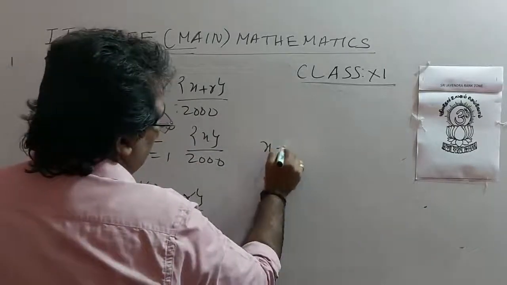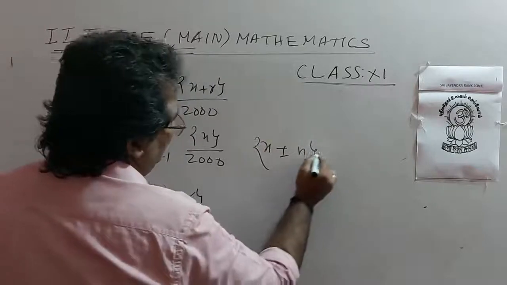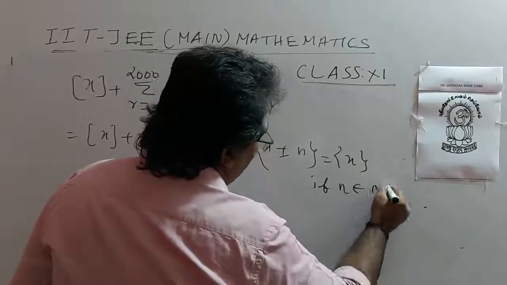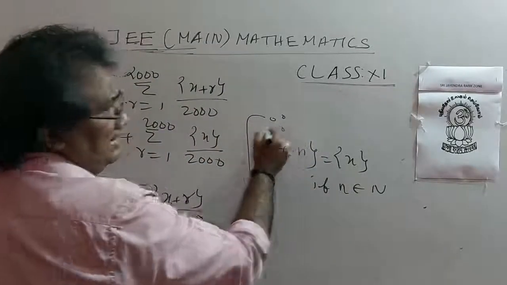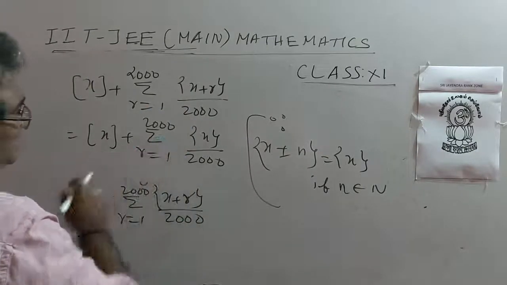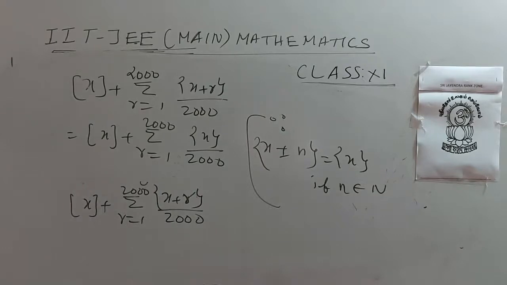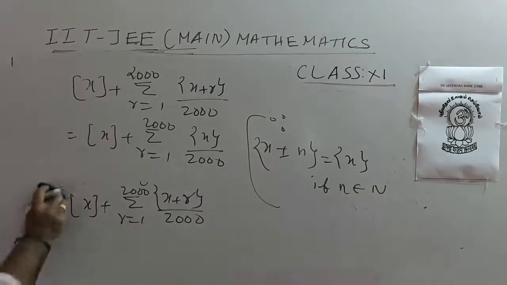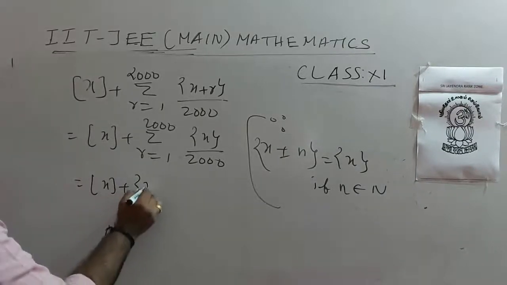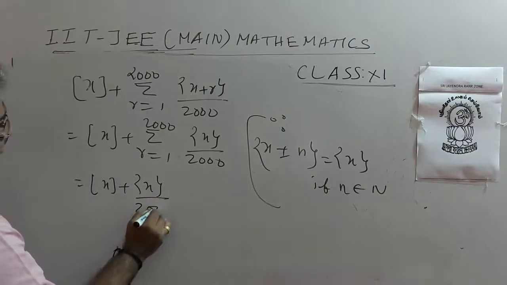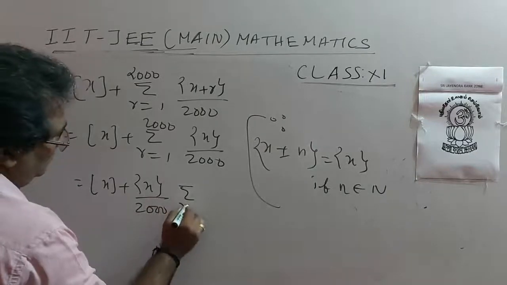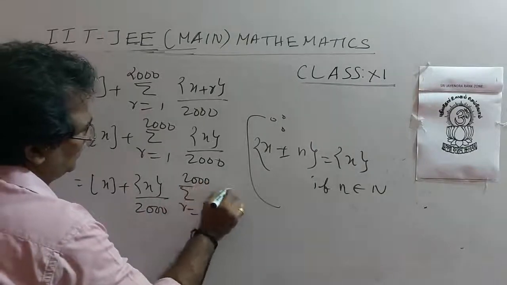The fractional part of x plus or minus n equals the fractional part of x if n belongs to N. Like this, here r is an integer, so leaving out the integer, it is enough to write the fractional part of x. So x plus the fractional part of x by, r equal to 1 to 2001.